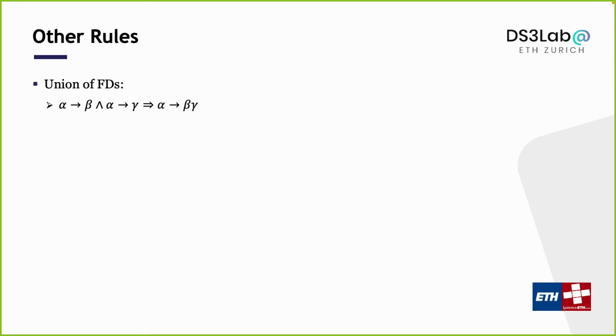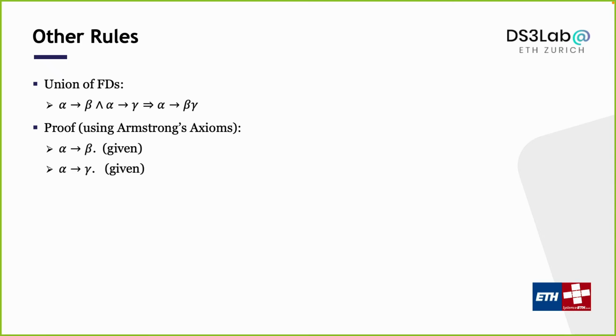If I have alpha decides beta and also alpha decides gamma, that essentially also means alpha decides the union of beta and gamma. That sounds very natural. But then you can prove this very precisely using this inference system. We have alpha decides beta, which is given in the condition, and alpha decides gamma, which is also given.